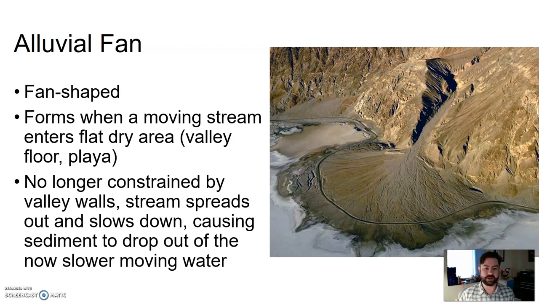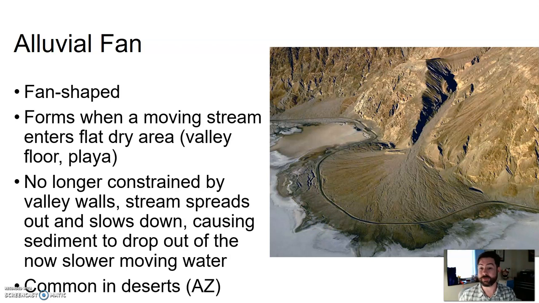No longer constrained by some sort of channel or valley up in the mountains, the stream spreads out, goes in every direction, depositing that sediment, because once that water hits the flat valley floor, it slows down. When it slows down, any sediment in that water will be deposited out. Very common in desert areas, Arizona included.